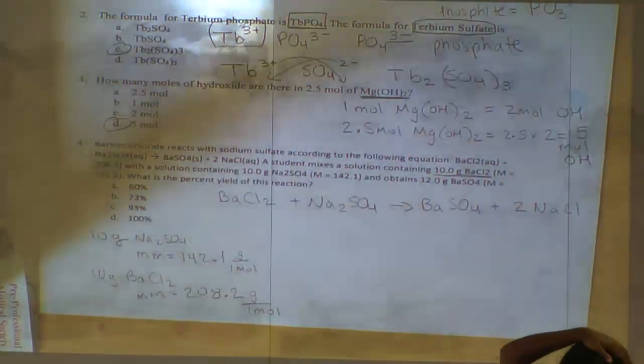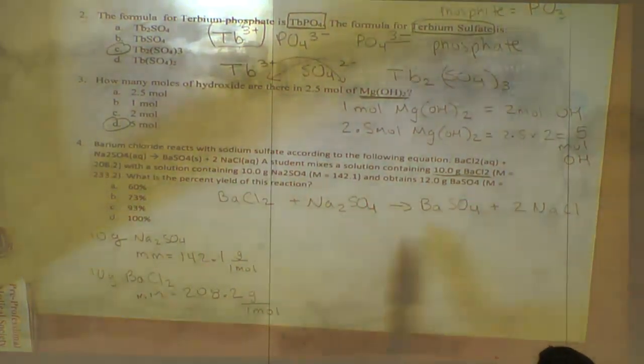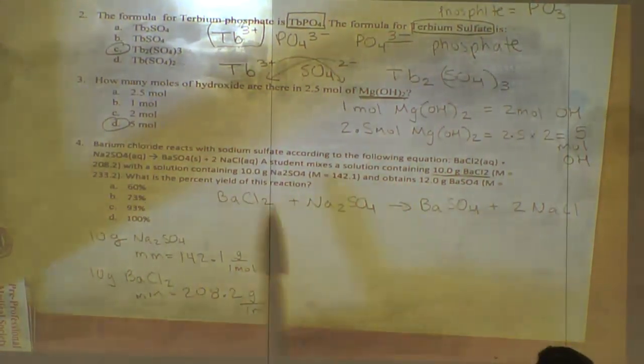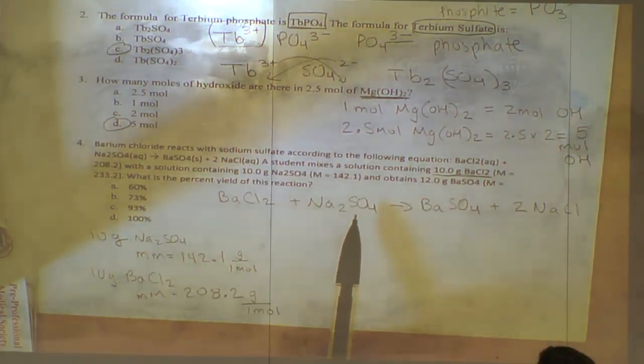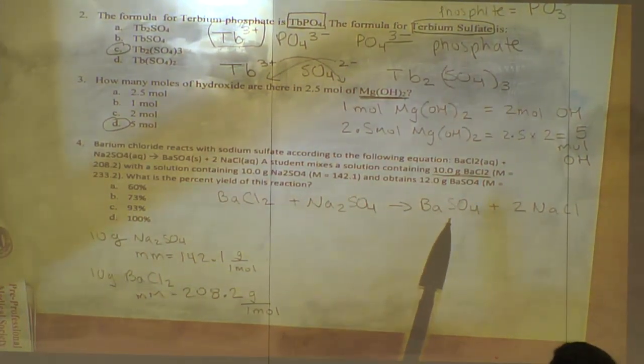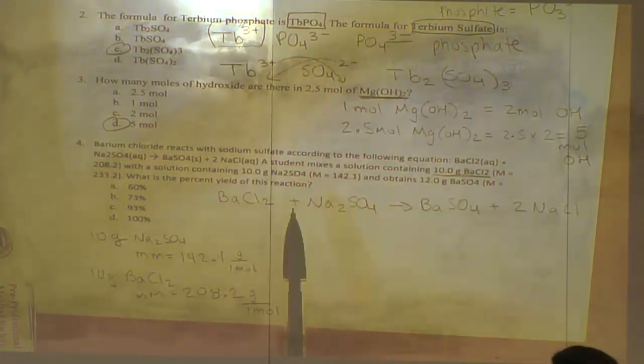So what we want to look at here is which one of these do we really have more of? Because you'll notice that for this reaction, it's 1 mole of BaCl2, 1 mole of Na2SO4, and that gives you 1 mole of BaSO4. Everything's 1 mole. So which one do we have more of to complete the mole?